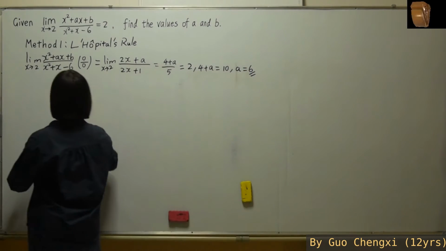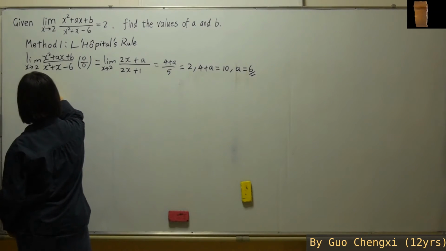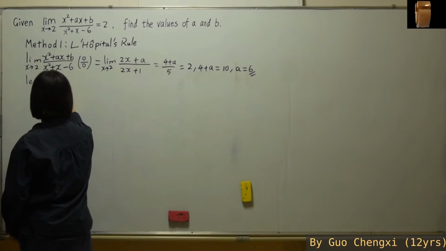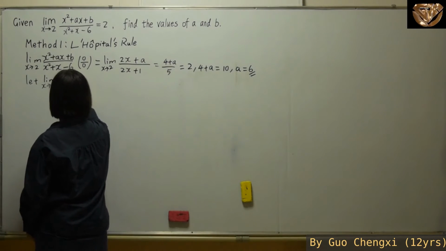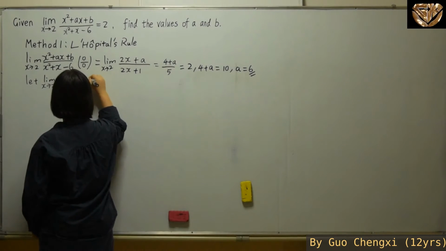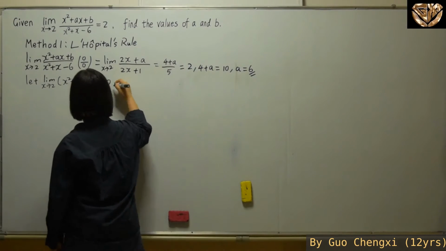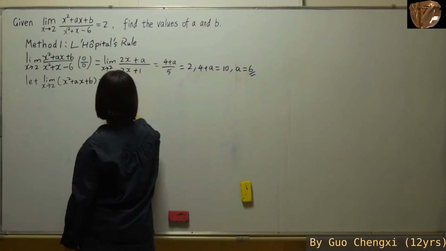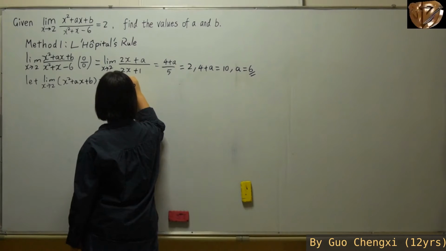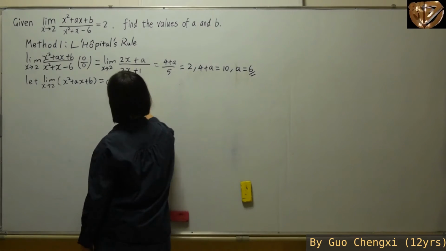Now for b, because we can tell this is 0 over 0, we're going to let the limit as x approaches 2 of x squared plus ax plus b equal 0. If you substitute this inside, you're going to get 2 squared, which is 4, plus 2a.